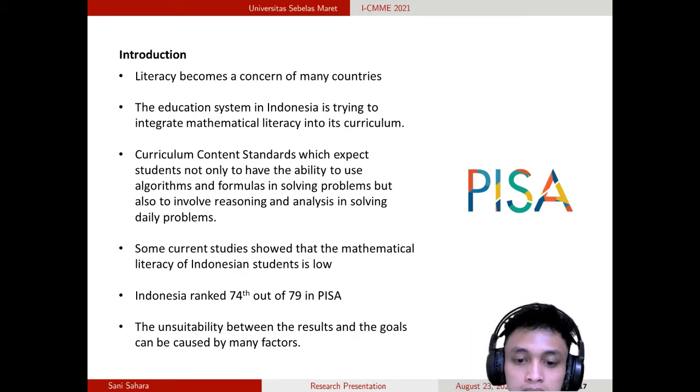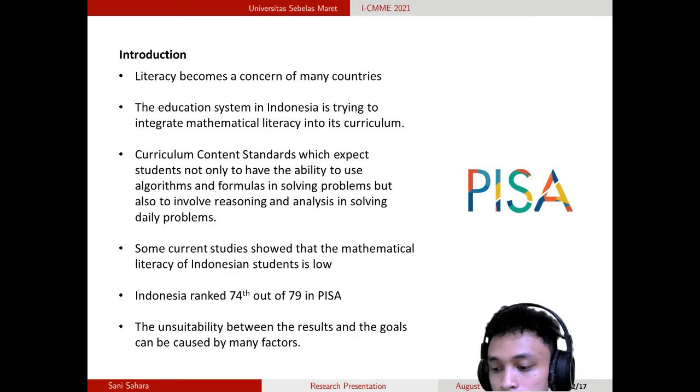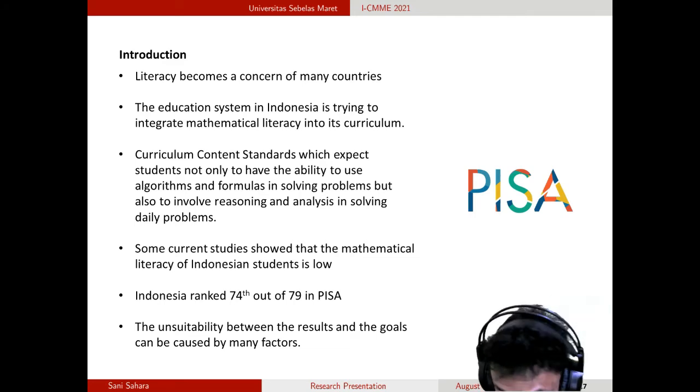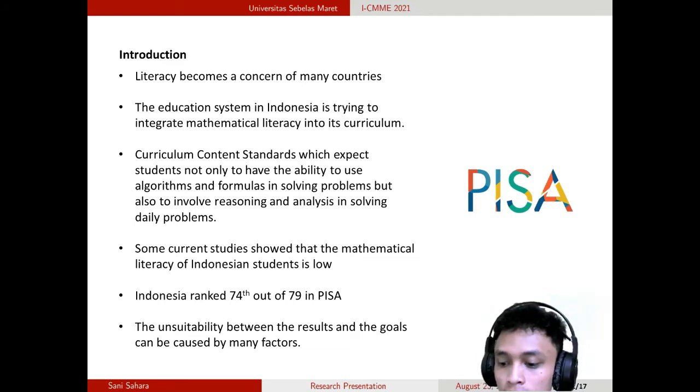Meanwhile, some current studies show that the mathematical literacy of Indonesian students is still low. It is in accordance with the results of the Programme for International Student Assessment, or PISA, in 2018, which showed that the mathematical literacy of Indonesian students was below the average of participating countries, with Indonesia ranked 74th out of 79 in PISA.